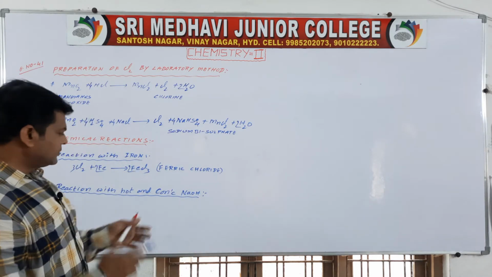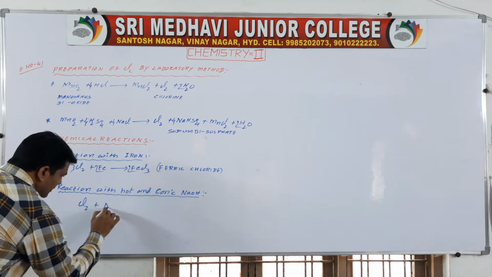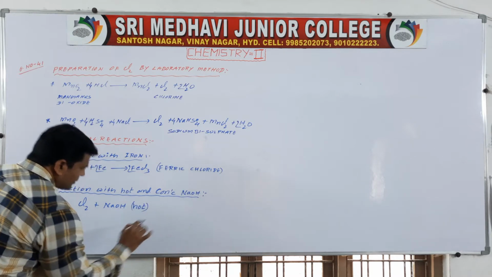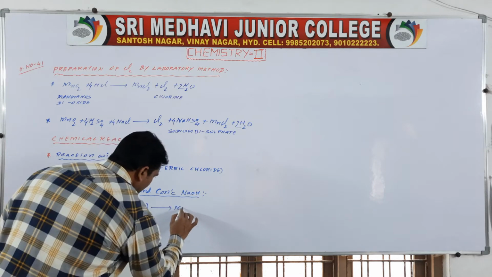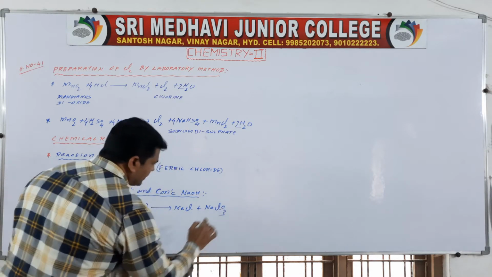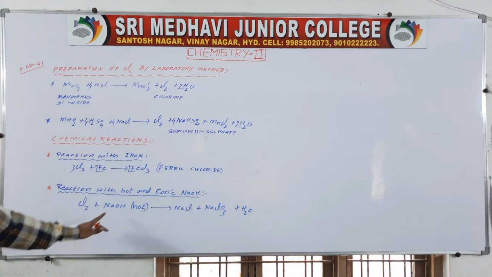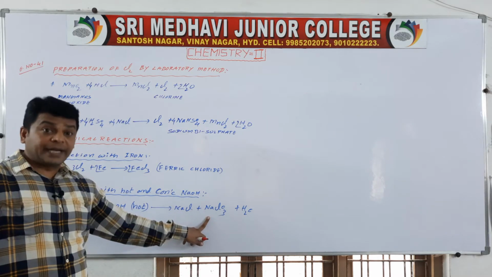See here, we are taking Cl2 reacts with sodium hydroxide, hot and concentrated. Then NaCl plus NaClO3 plus H2O is formed. It is sodium hydroxide, it is sodium chloride, it is sodium chlorate.